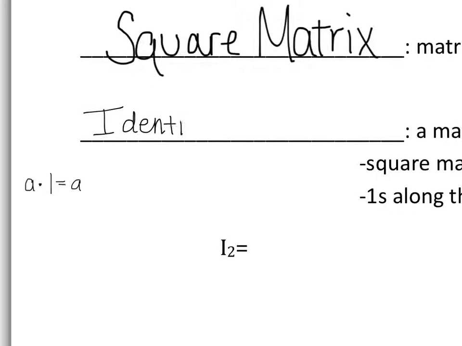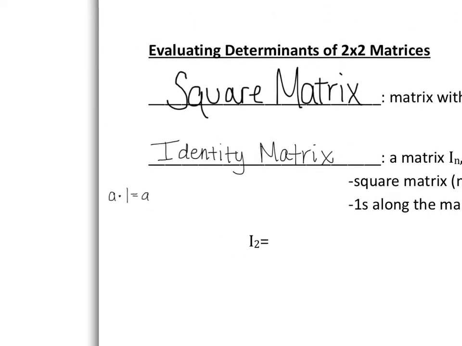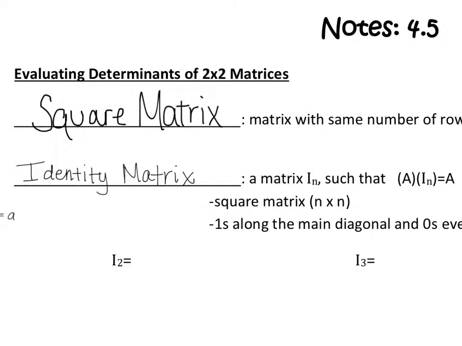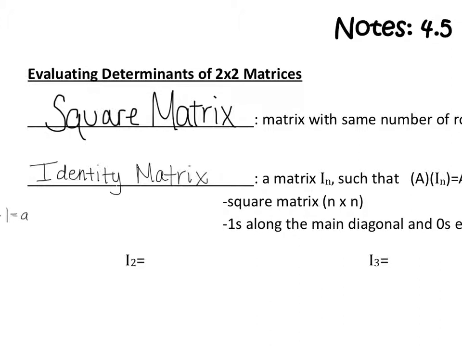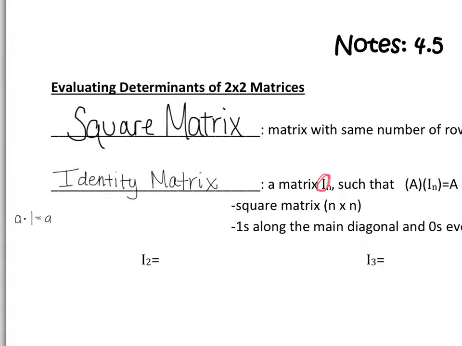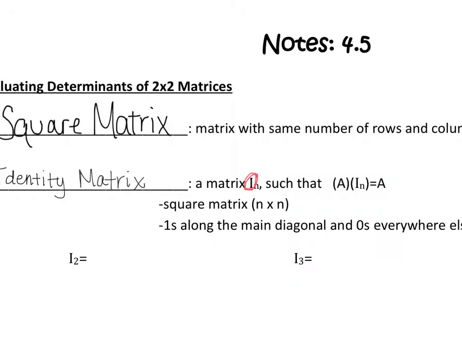It acts the same way: if we multiply by it, we just get the original thing we started with. We denote the identity matrix with a capital I, and the n off to the side is just saying what size it is. It could be lots of different sizes, so we just use a letter. So here's the little formula: the matrix A times the identity I will come back to equal matrix A.